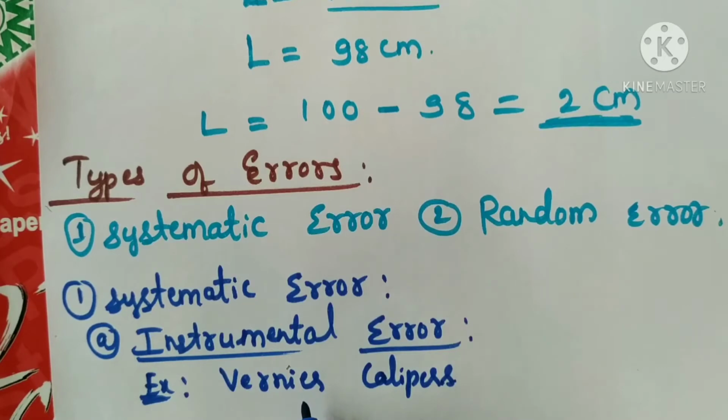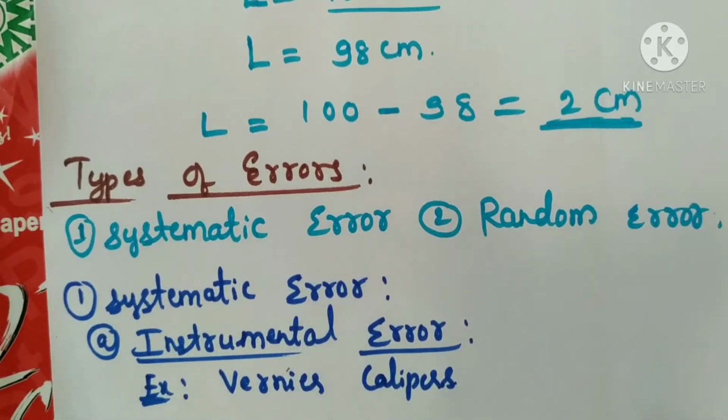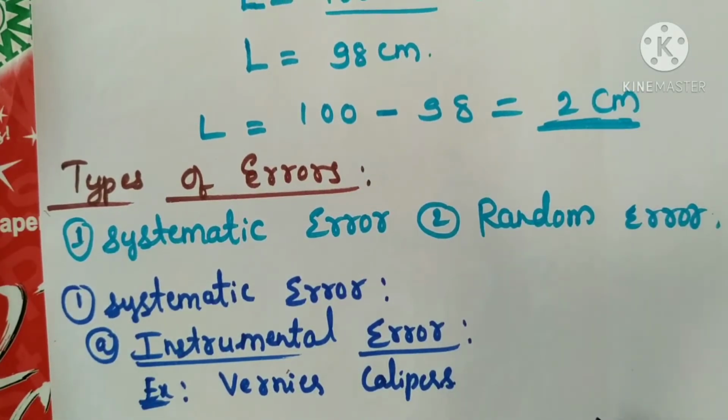Suppose the first division of the vernier scale coincides exactly with the first division of the main scale, then we can say that the vernier calipers is perfect. It is free from errors. If the first division of the vernier scale does not coincide with the first division of the main scale, then it has some errors.